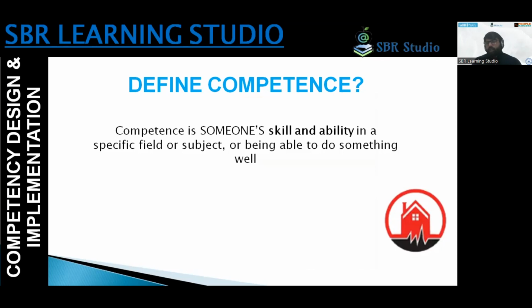When you are putting the competence level in the picture, it is where someone's skill and ability is there in a special field or subject where he or she is doing something well. It is also known as the expert or specialist in the area. But although he or she is a specialist in that area, further, when you are designing the ideal image, you have to define their behavior approaches and expected behavior.